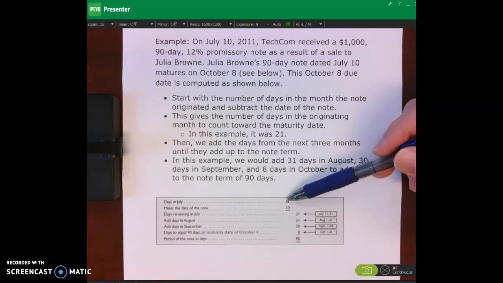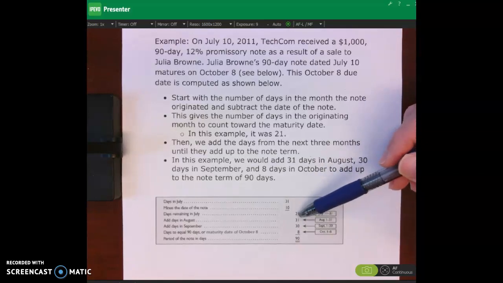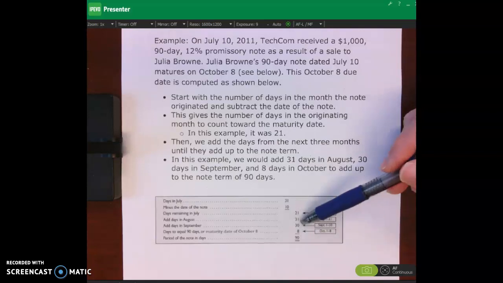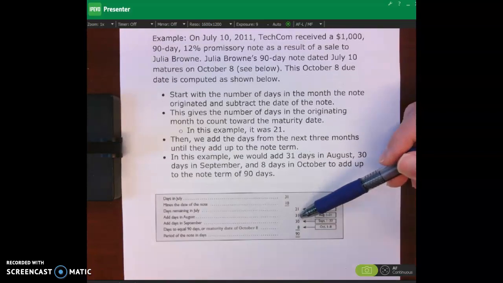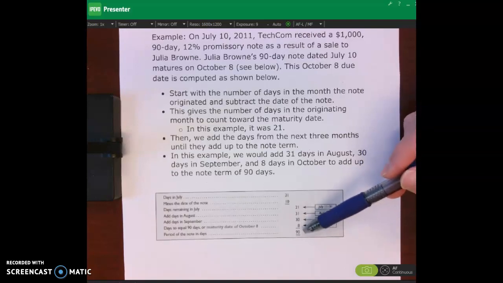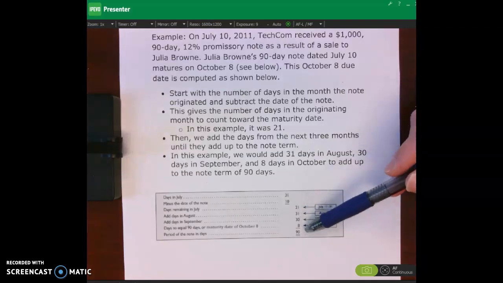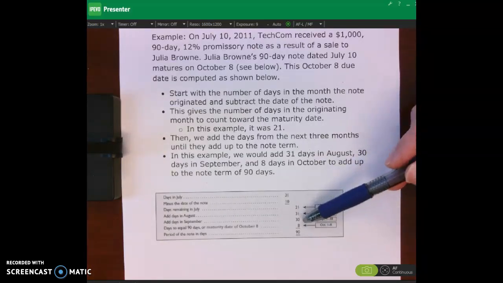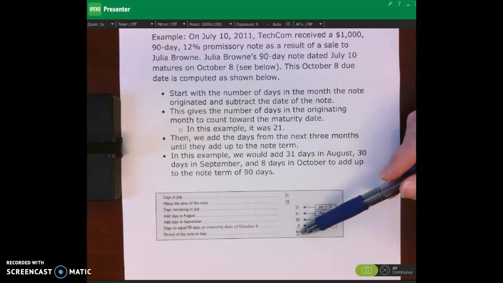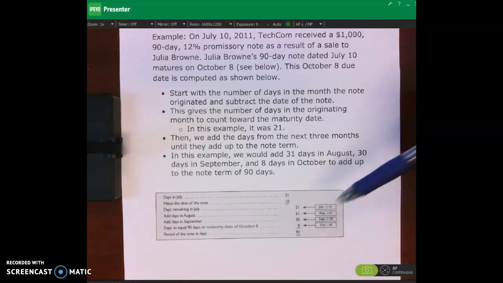There are 31 days in July, minus the 10 days in the note, which means there are 21 more days in July. There are 31 days in August, 30 days in September, and then we add 8 more days in October to get up to the 90. So it basically involves looking at the calendar, remembering how many days are in each month, and adding up the number of days to get to that 90 days. That's the way we figured it out.